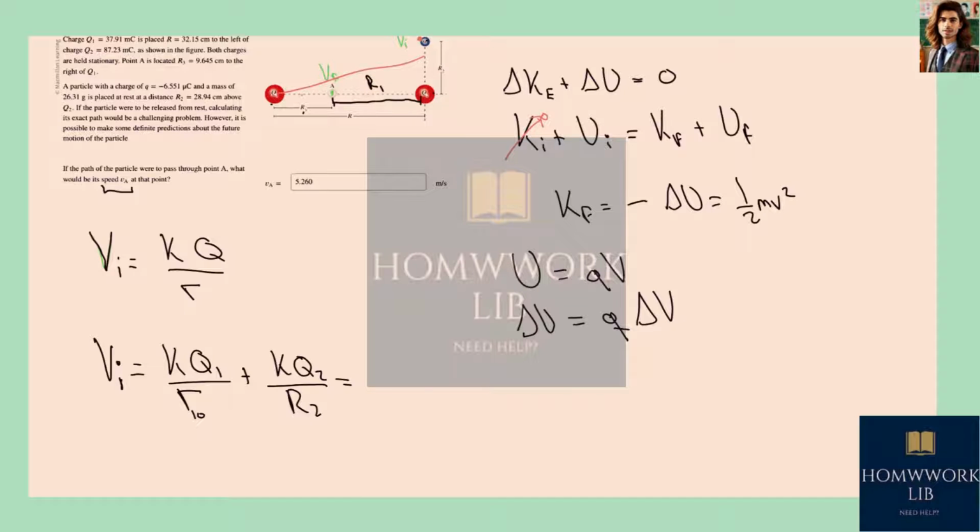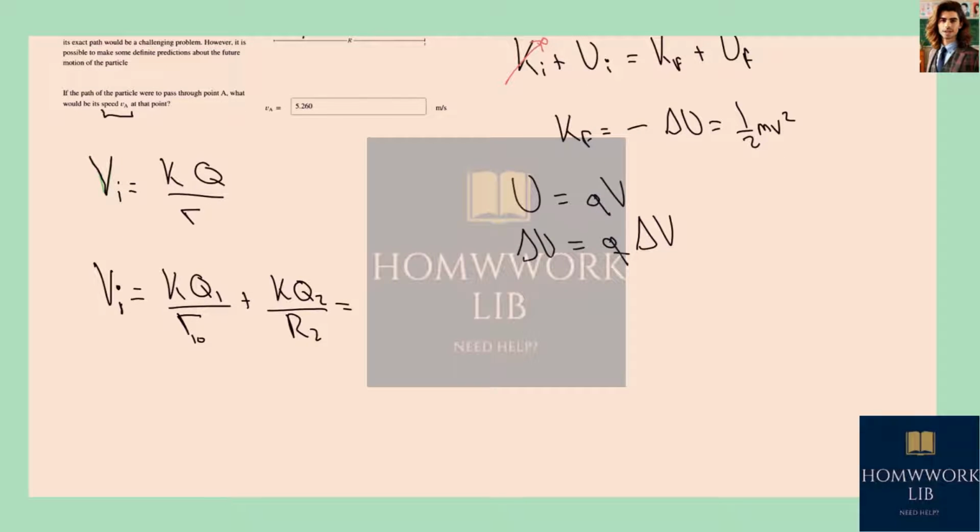Let me try to make it as straight as possible. Something like this, which is going to have a distance equal to the square root of R squared plus R2 squared by Pythagoras theorem. So the initial potential is going to be equal to, I'm going to factorize directly the value for Coulomb's constant just to make it easier for all the calculations, K times Q1 divided by the square root of R squared plus R2 squared plus Q2 divided by R2. Sorry, by R2 directly.